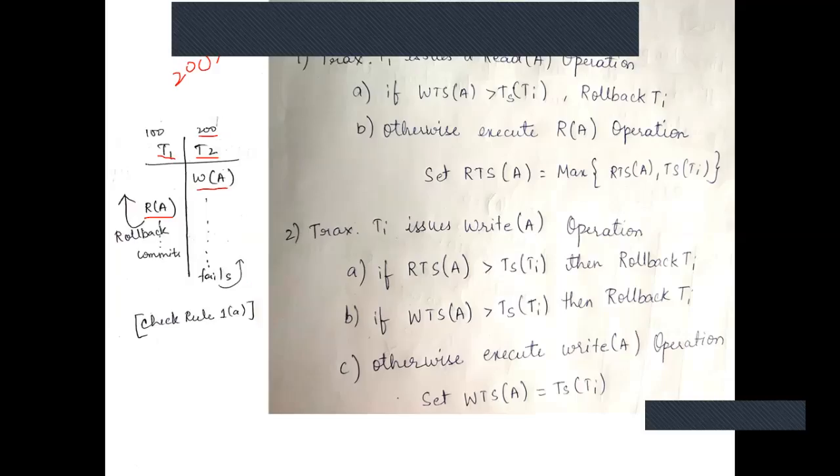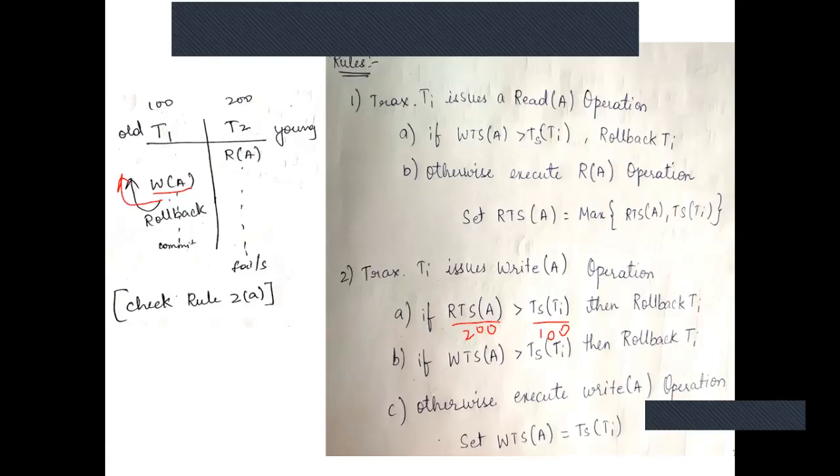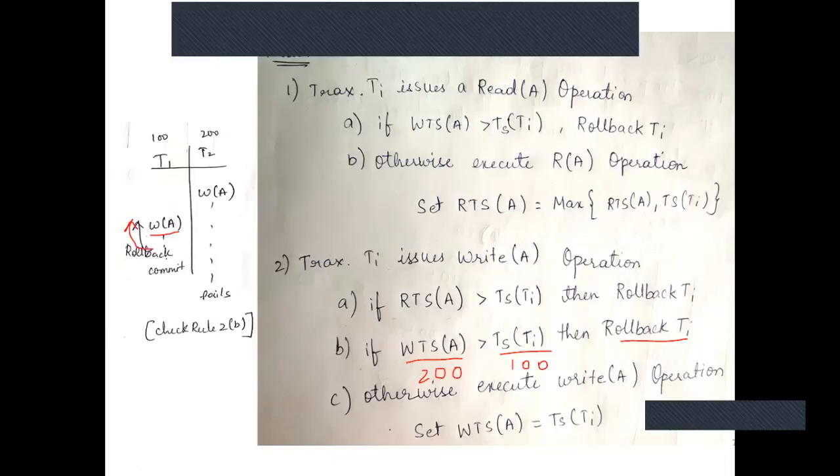Then after that, we have seen a few examples where first the younger transaction is writing, then the older transaction is reading. So basically, this is a violation in timestamp ordering. Here also the same thing: the younger transaction is reading and the older transaction is writing. Then one more example where the younger transaction is writing, and the older transaction is again rewriting it.